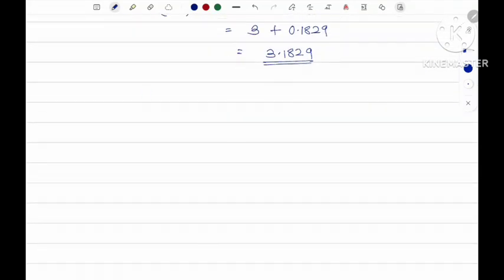Now let us find out log of 15.24. So what is the characteristic of this number? How many number of digits are there before decimal? 1, 2. 2 digits are there before decimal. So characteristic will be equal to 2 minus 1, which is 1, plus. Now we have to find mantissa.